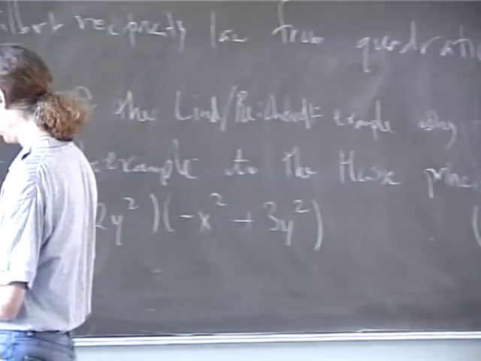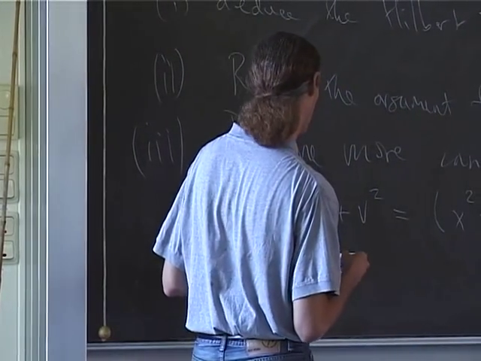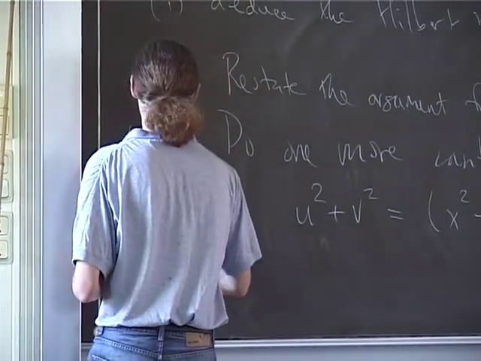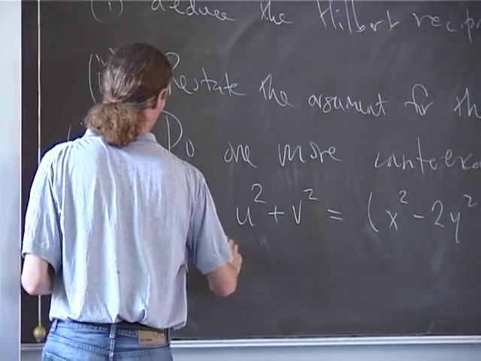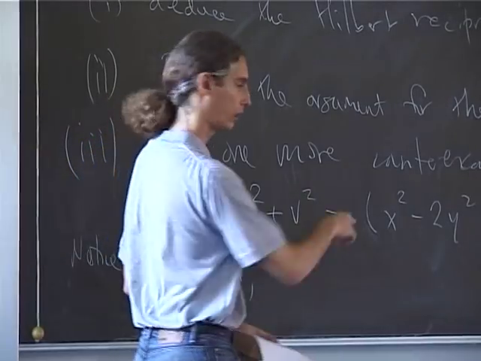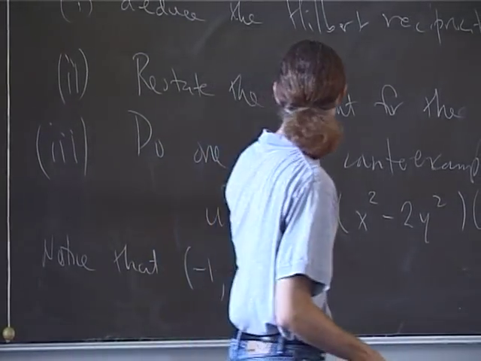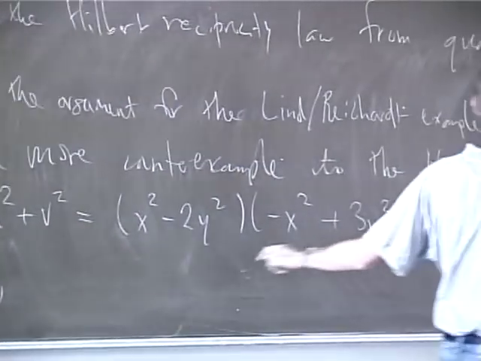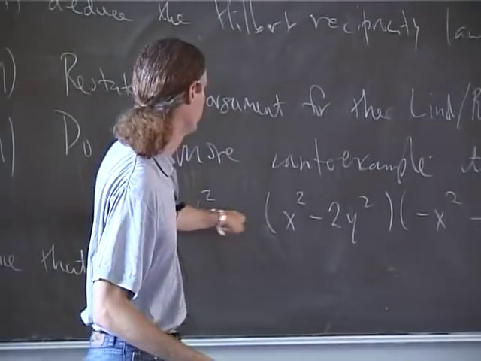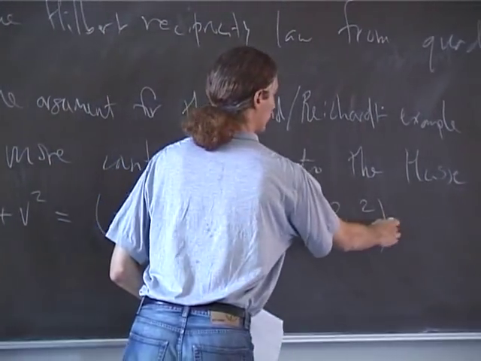And let's see, what do we have? Notice that the right-hand side, if you bring V over to this side, then you see U squared equals minus 1 times V squared plus this times 1.